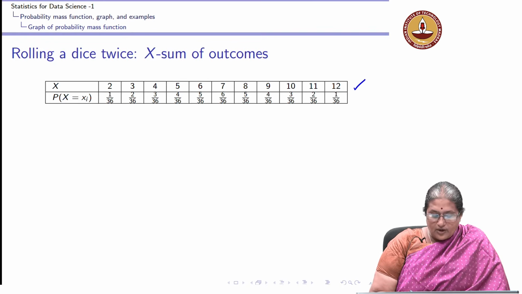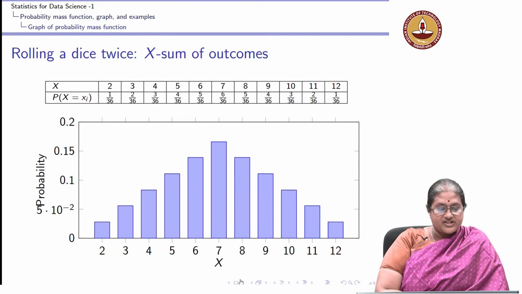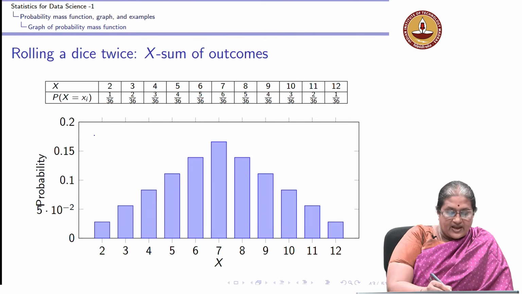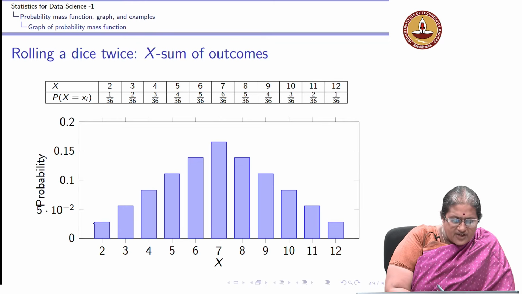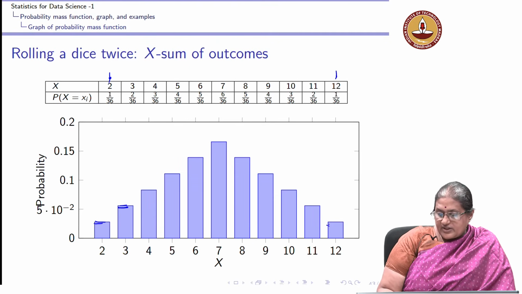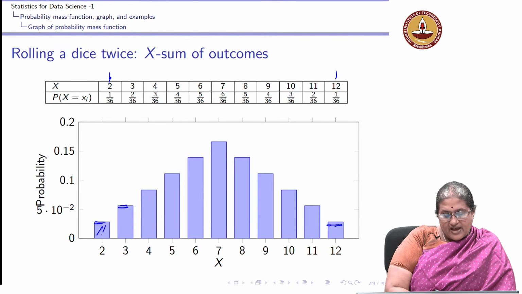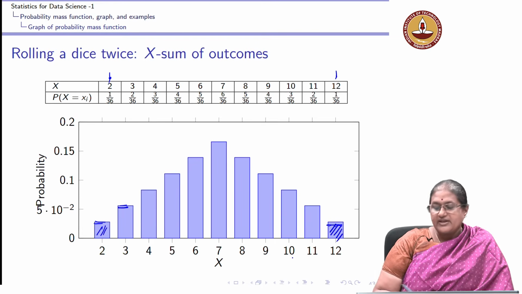Now, if I look at the probability mass function, you can see that x takes the value 2 with a very low probability, and x takes the values 2 and 12 with the same probability as shown here by the bars.